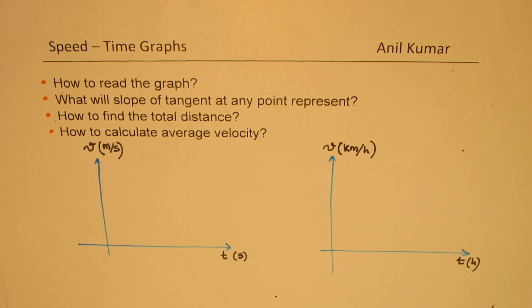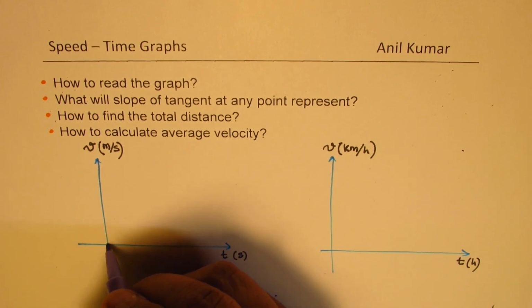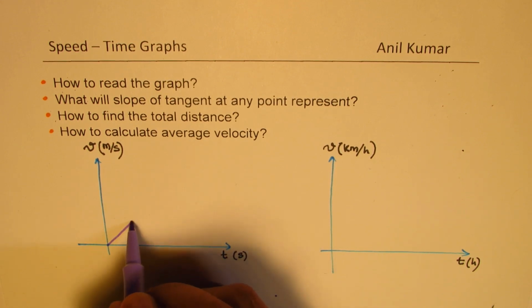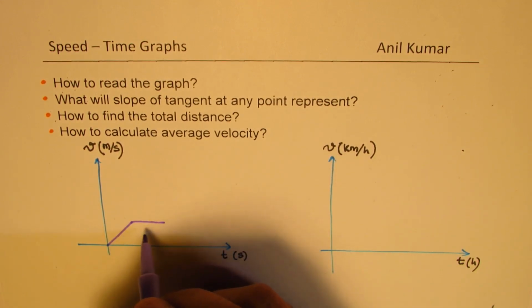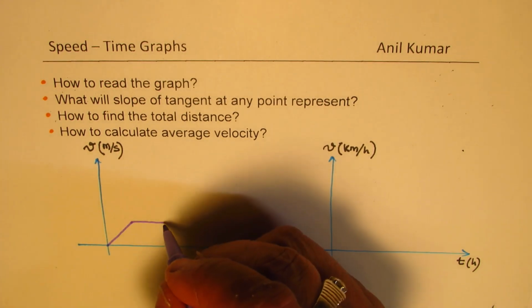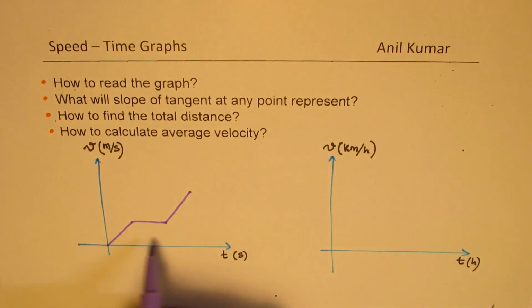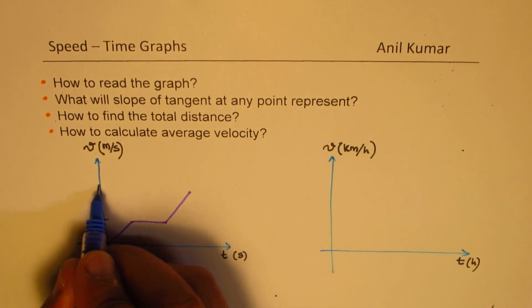So let us choose a graph where an object starts from the origin, moves for some time, relaxes, that means it is going at a constant speed, and then again the velocity increases. Right? Let's take a graph like this, where the values for the velocities are given to us.